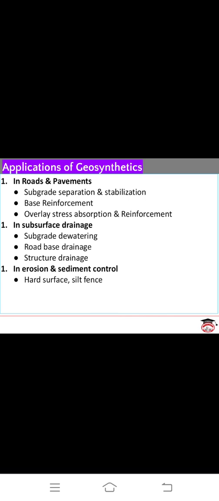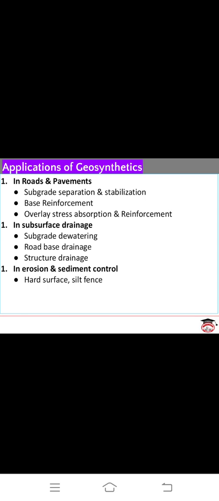In flexible pavement or rigid pavement, we know different layers are present, that is subgrade layer, sub-base course, base course, wearing course. In between these courses or layers, geosynthetic materials are placed. Then it also acts as a stabilization of those courses. Also base reinforcement, overlay stress absorption and reinforcement.